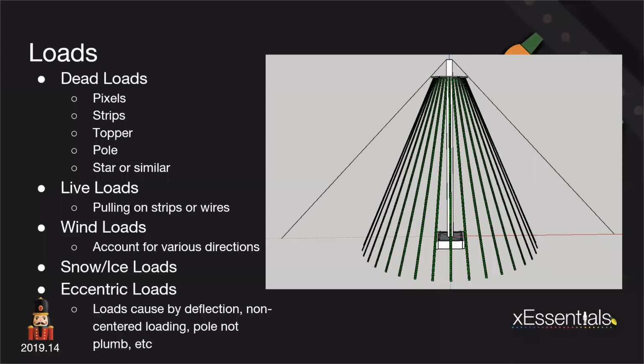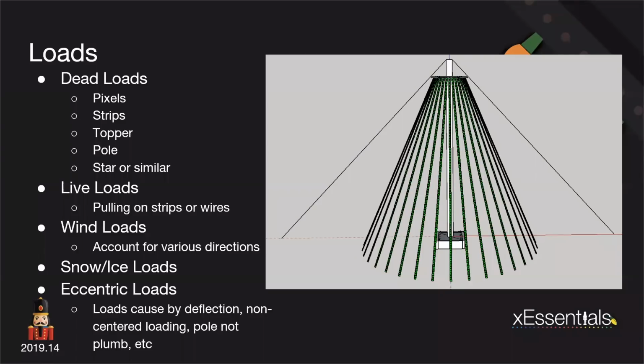A lot of us are really anal about that. Then you drive stakes down into the ground or secure them to a ring or something like that. All of that tension on those strips puts additional load into your topper and your pole. You've got to account for that.